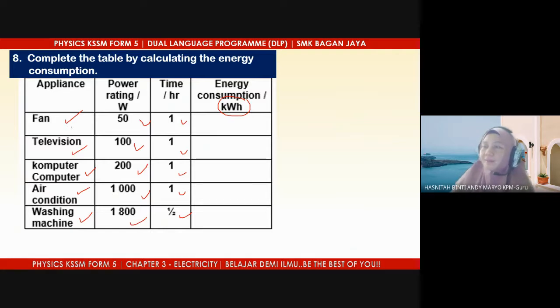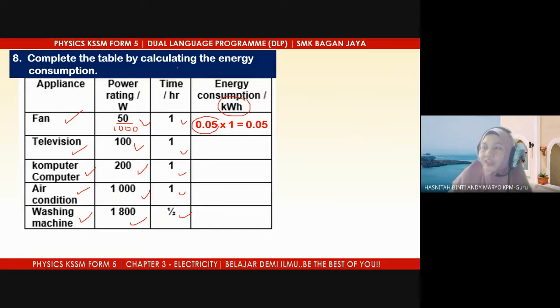For the fan, the power consumption in kilowatt hour: you just multiply the power with the time of operation in hour. Since this is in watt, we have to divide by 1000. Multiply 1 hour, so 0.05 kilowatt hour.